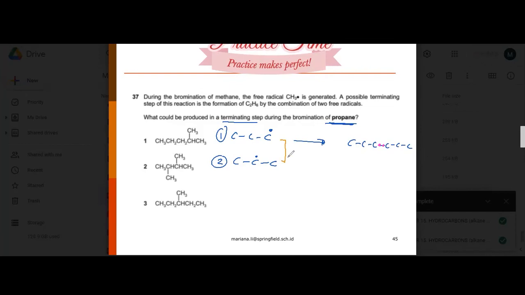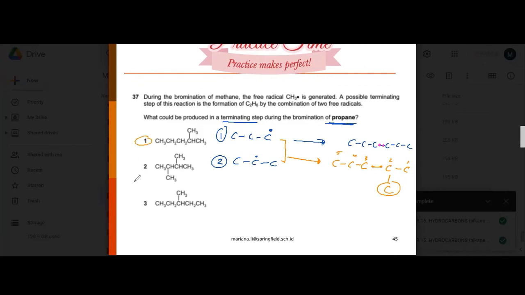How about first and second? Okay, these combine together. What is the product then? CCC free radical here, and then the other free radical CCC, like this, right? So make a bond here. 2-methylpentane, yes, 2-methylpentane.